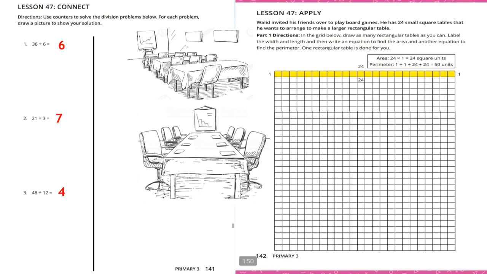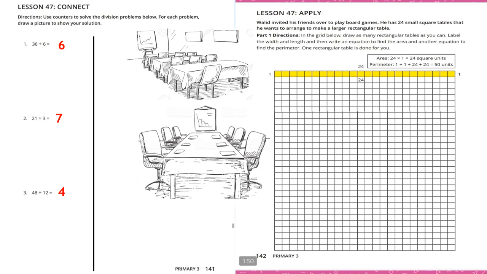In the first example here, he put 24 times 1. So the length is 24 and the width is 1. 24 times 1 will give me 24. Okay.